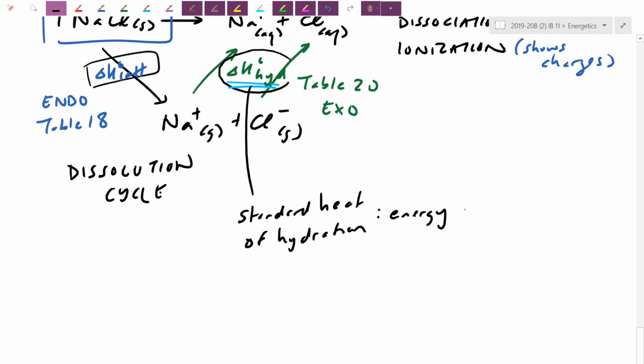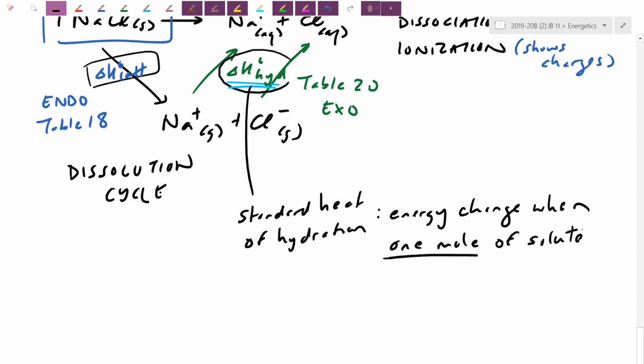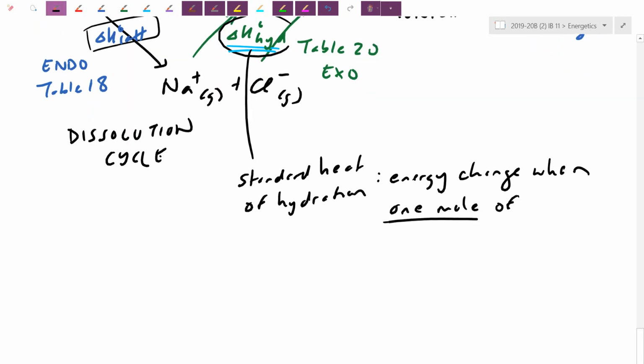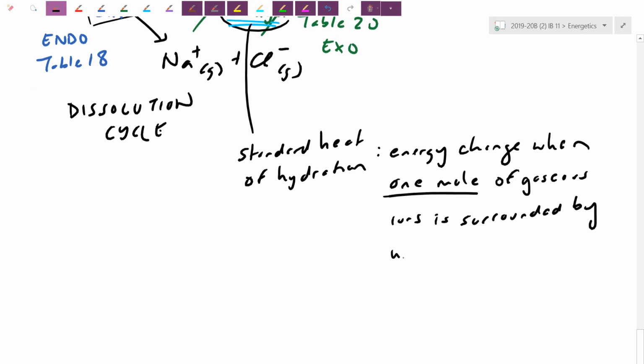This is the energy change when 1 mole, there's that pesky little 1 mole shows up again, when 1 mole of your gaseous ions is surrounded by, in this case here, water.